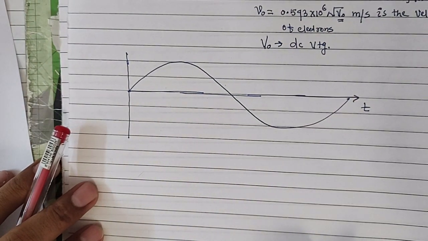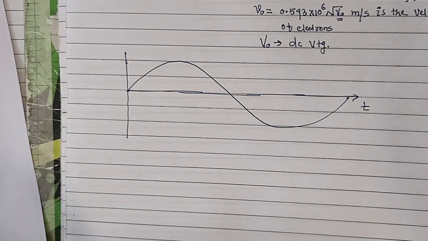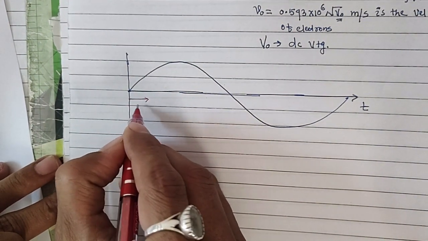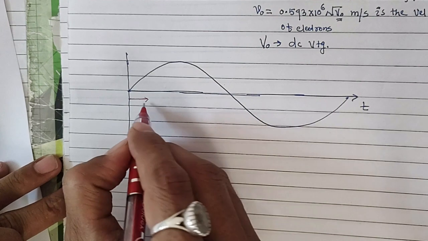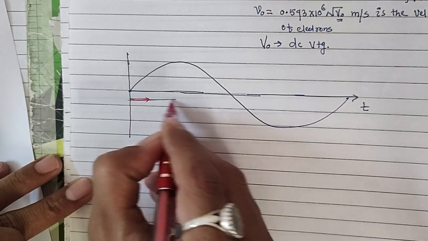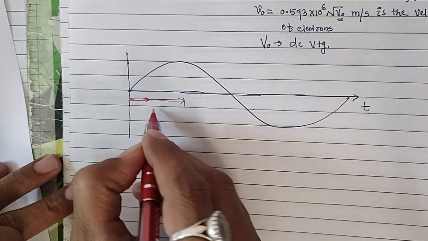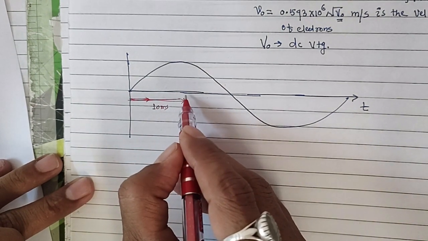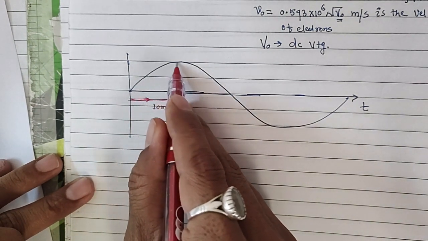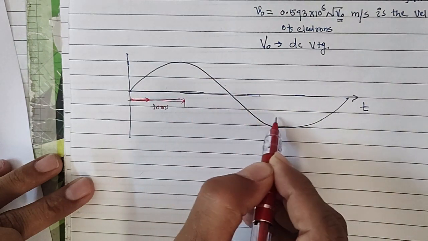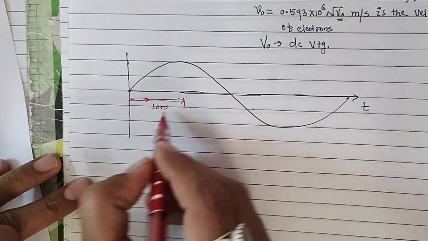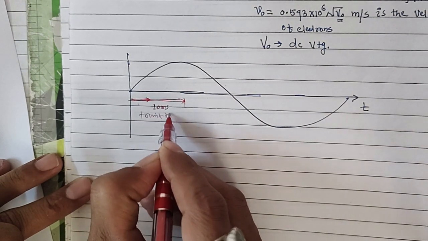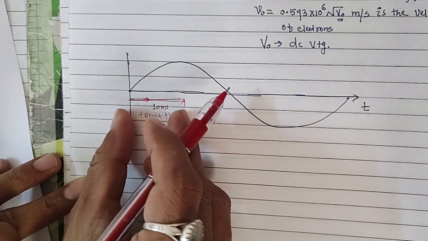Let us assume you have a transit time of up to this point, 10 millisecond.